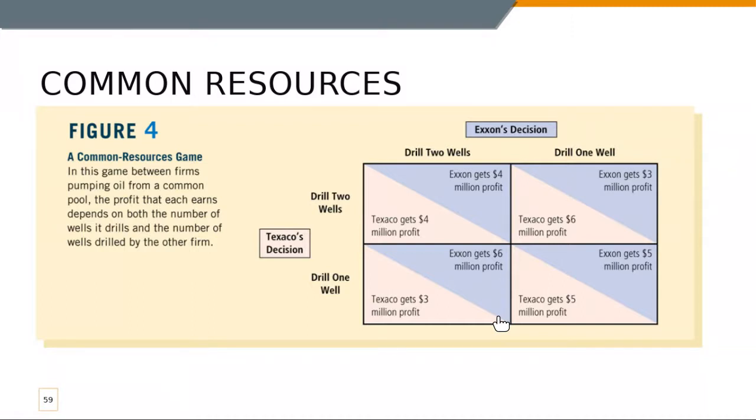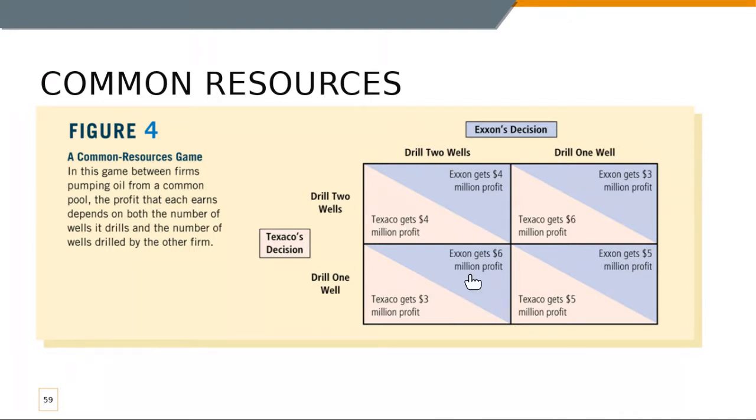We can see a common resources game here where both Texaco and Exxon could choose to restrict their oil drilling, thereby preserving the value of oil and the amount of oil available. However, based upon the same problems we've run into, both have an incentive to shift to drilling more. So if Exxon chooses to drill 2 wells, they get $4 million profit if Texaco drills 2 wells, and they get $6 million profit if Texaco drills 1 well.